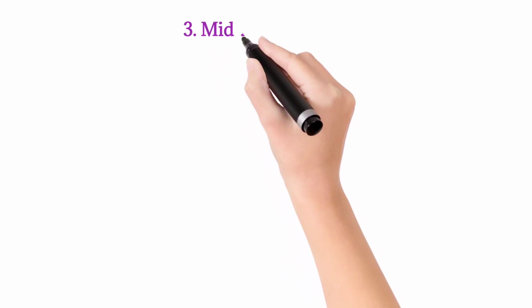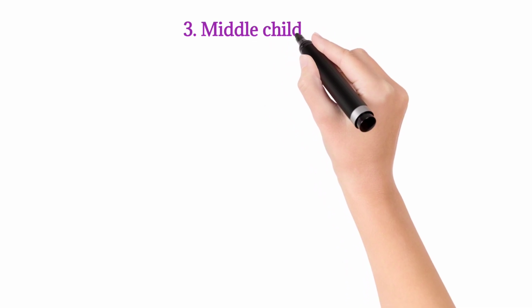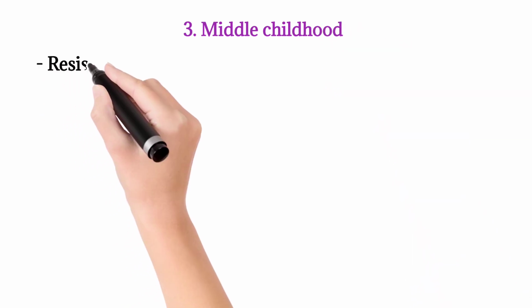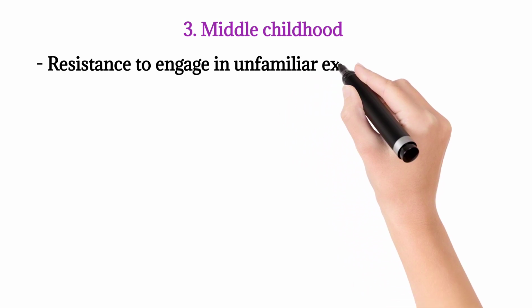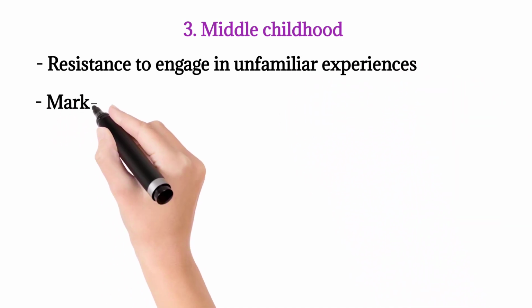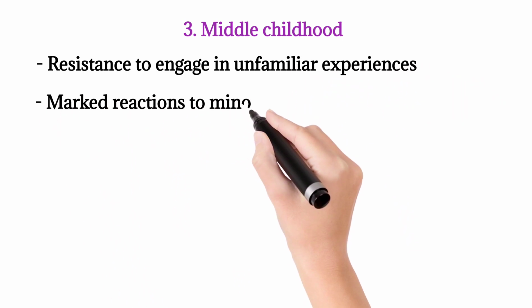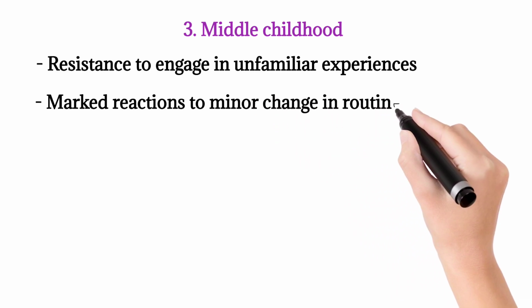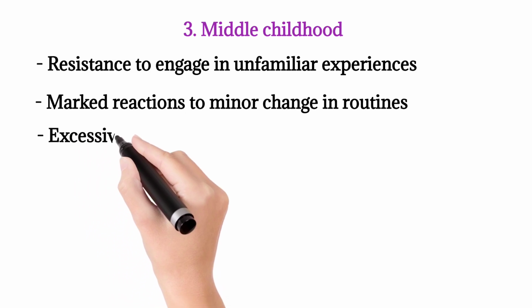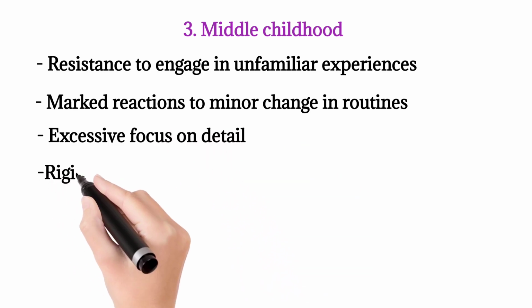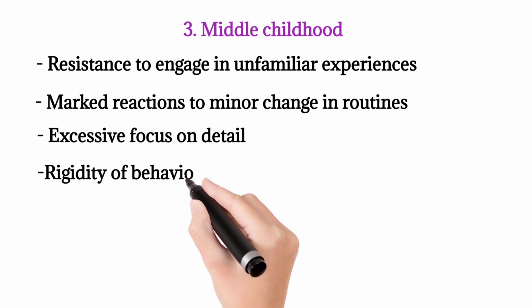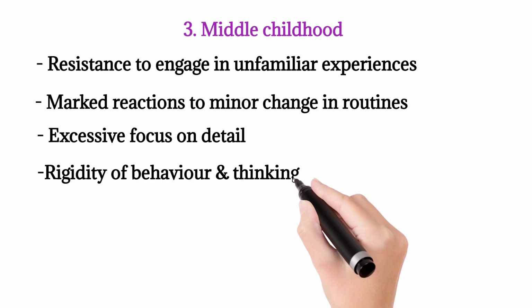Middle childhood presentations include resistance to engage in unfamiliar experiences. There may be marked reaction to even minor changes in routine, excessive focus on detail, and rigidity of behavior and thinking may be significant.